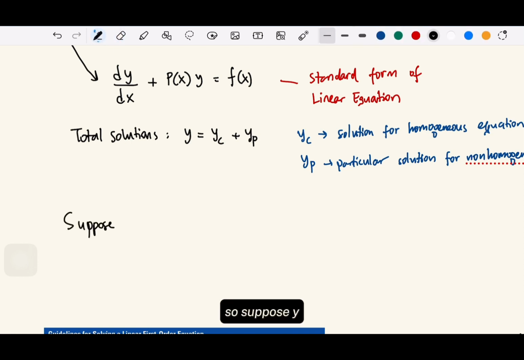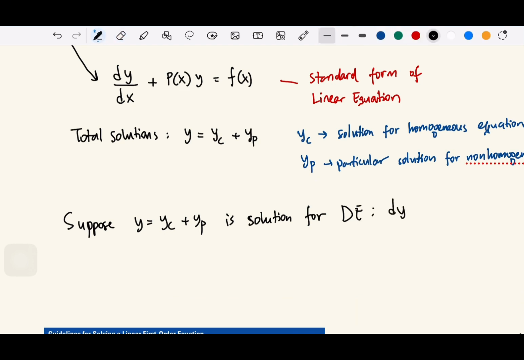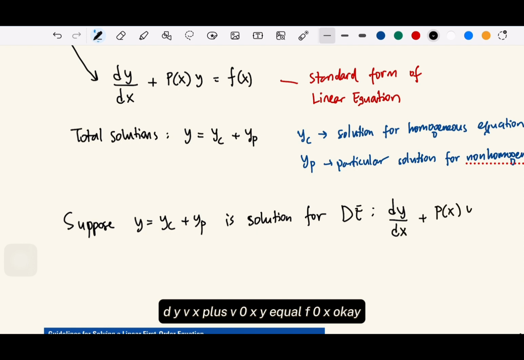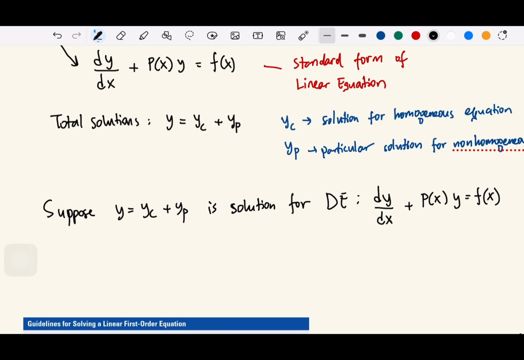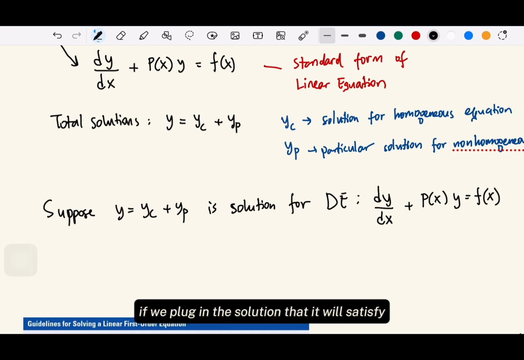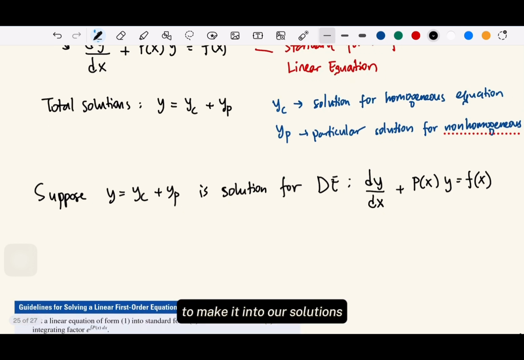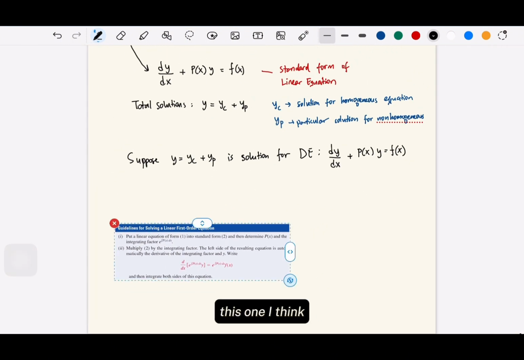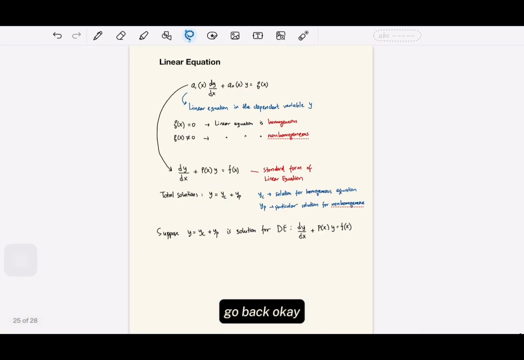So suppose y equal yc plus yp is a solution for the differential equation dy/dx plus p of x y equal f of x, which means that if we plug in the solution, then it will satisfy. So let's make it into our solutions.